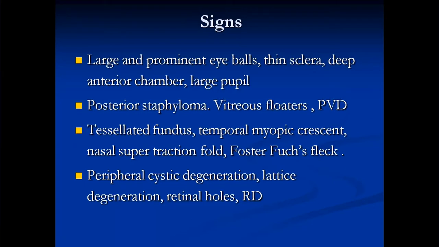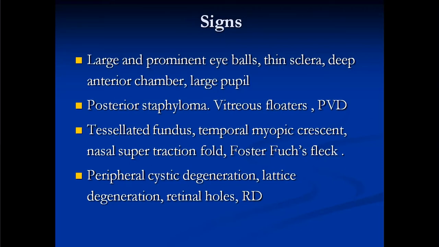Then signs, that's what you observe, is large and prominent eyeballs. I told you in myopia, the eyeball size is bigger. Most of the time, myopia is because of the congenitally big size of the eyeball. Big size means the variation is very small.